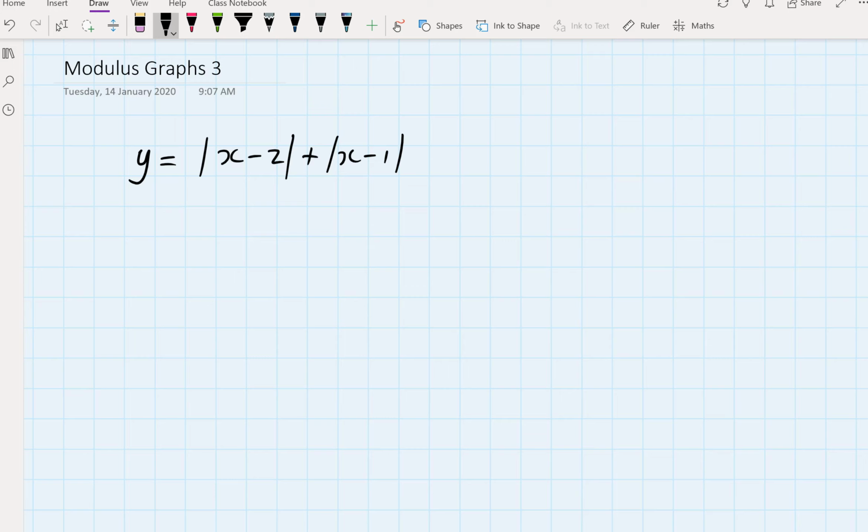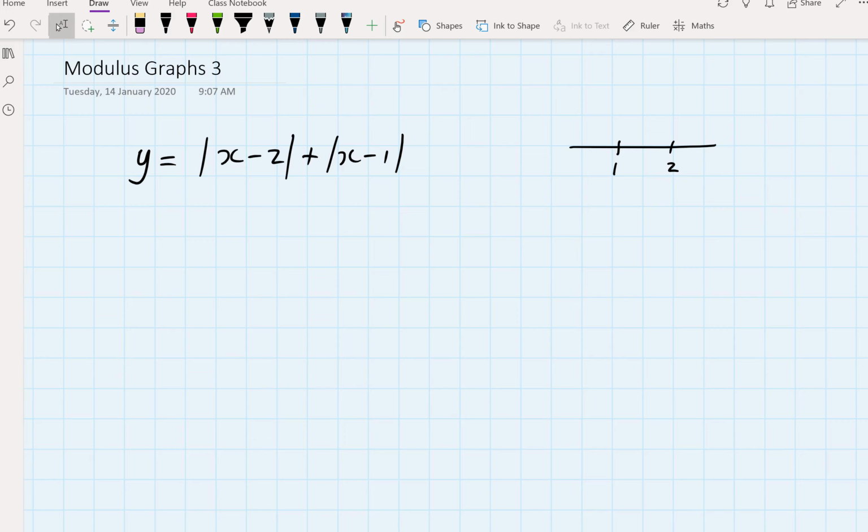Now, in the previous example, we only had one critical value that we had to consider, the critical value in the modulus bracket. But now we've got two modulus brackets, so we need to consider both of those. So I need to consider what's happening round about 1, because 1 is going to make that bracket 0, and what's happening at around 2, because 2 is going to make that bracket 0.